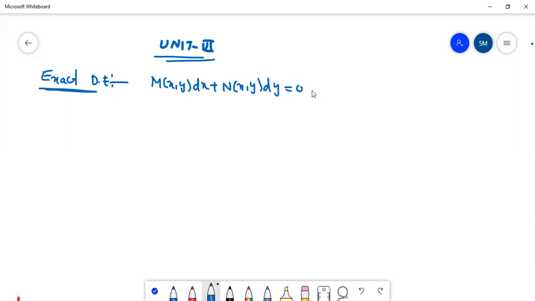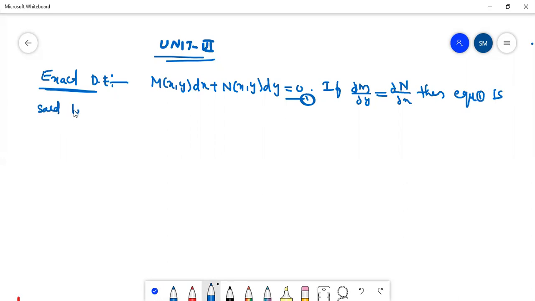And if it satisfies the relation dou M by dou y is equal to dou N by dou x, then equation 1 is said to be exact differential equation.